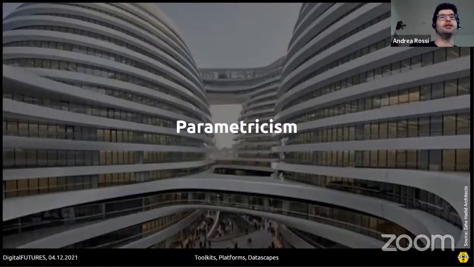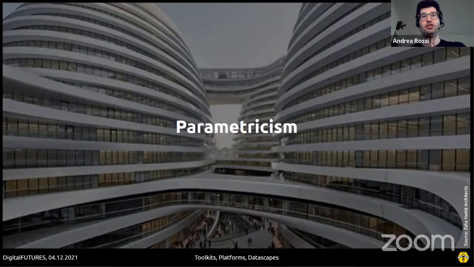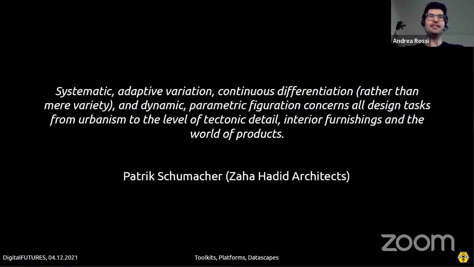And this is also something that came to be defined by Patrik Schumacher with the term parametricism, which is this idea that we build architecture as a continuous variation along continuous domains that articulates all these design tasks.